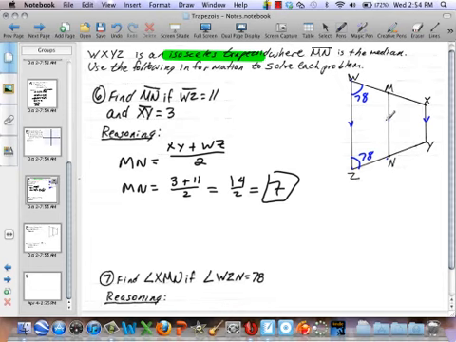Yes. That's something else you might want to remember, that the median is parallel to the bases. So if this is 78, what is that angle? 78. Why? Corresponding angles. So that equals 78 by corresponding angles.